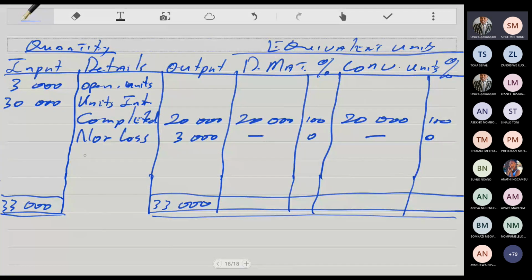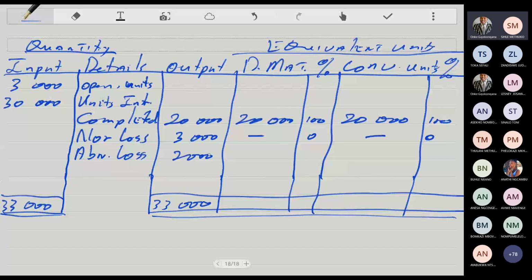Then we come to abnormal loss. We've got 2,000 units of abnormal loss. Now we come to your direct material, because your direct material was allocated right at the beginning of the production. If you look, there's a statement that talks about the material here.